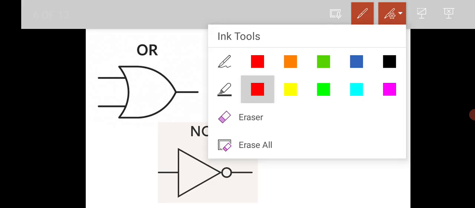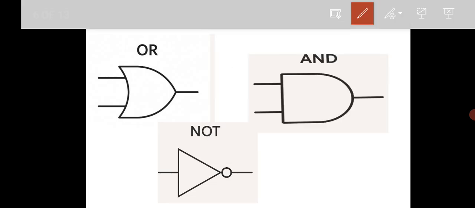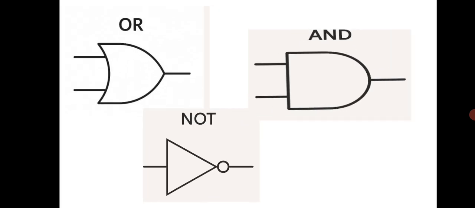So as an exam tip, make sure you know the symbol and the action of the AND gate. An OR gate, on the other hand, is curved inwards like this. It's a curved input, and it has one output.